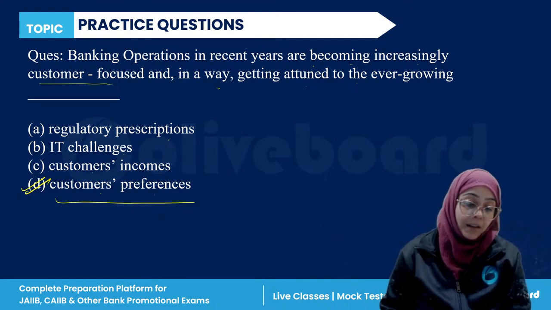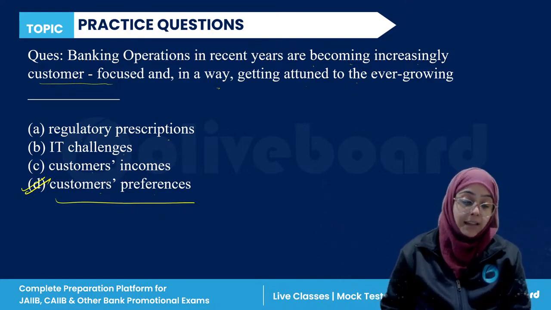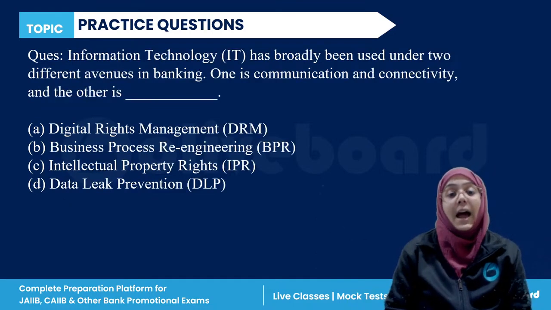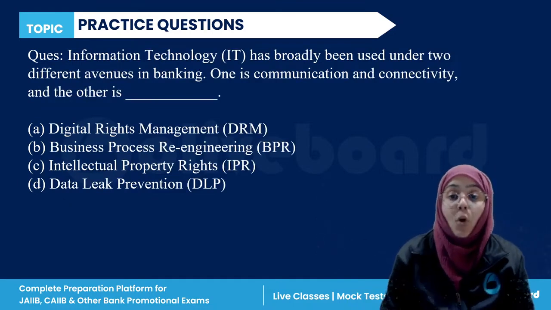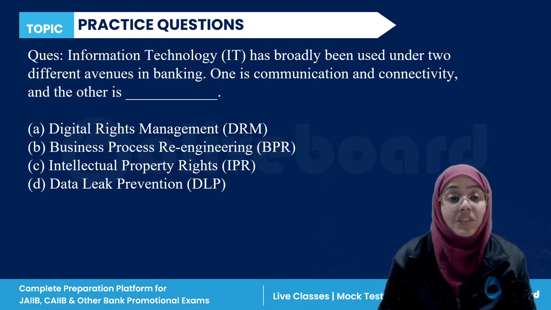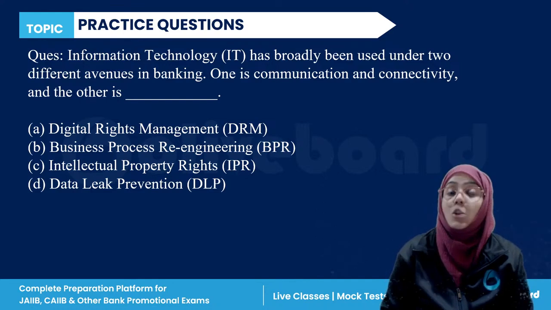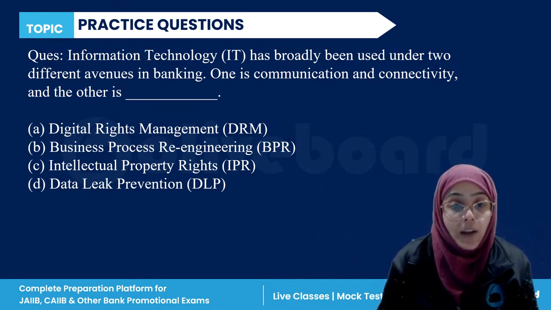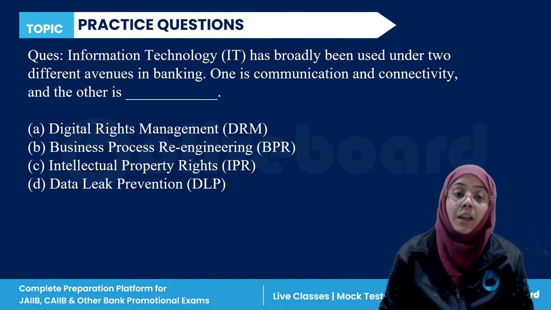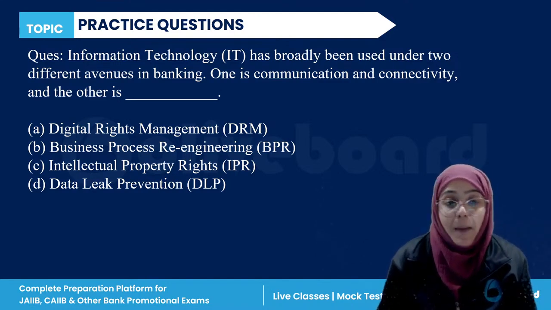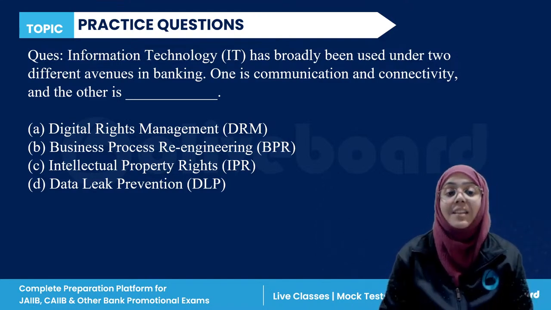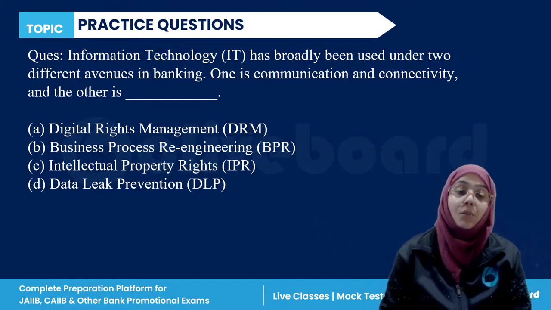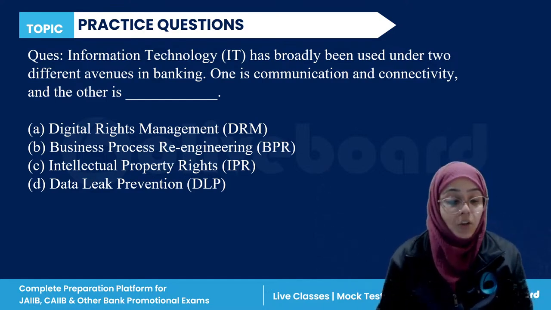Yes, Manas. Yes, Gopal. Yes, Hema. Yes, Smriti. Okay. Next, IT technology has broadly been used under two different avenues in banking. One is communication and connectivity, and the other one is for what? DRM, digital right management, BPR, business process re-engineering, intellectual property right, or data leak prevention.